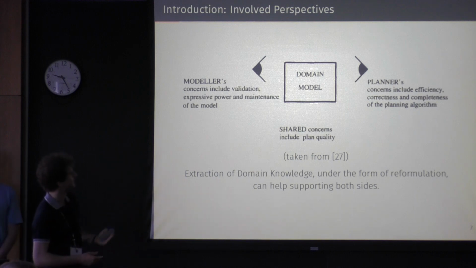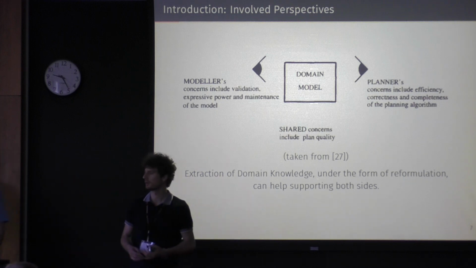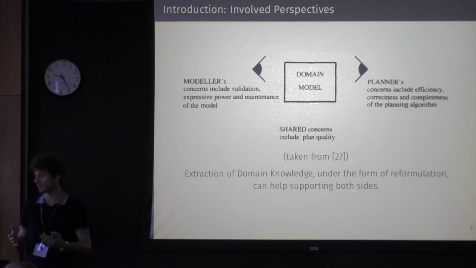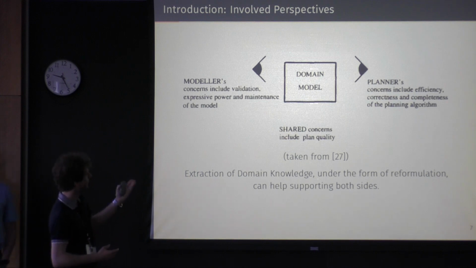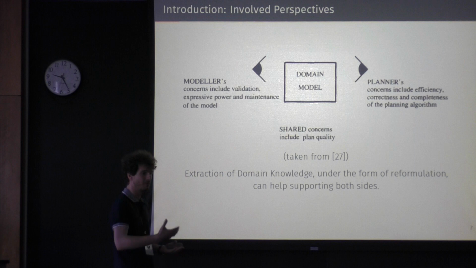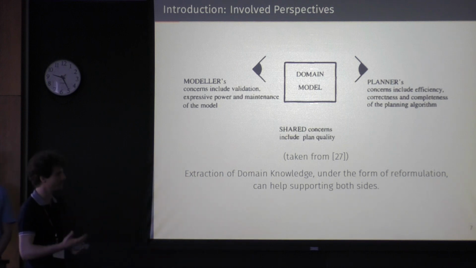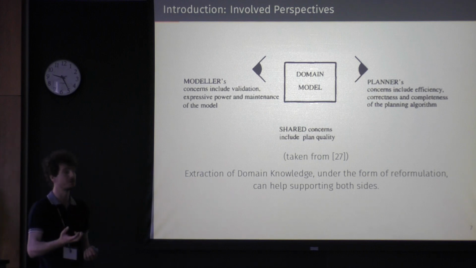On the other hand, you have the planner side, so the reasoner side, which is instead concerned about efficiency, and other aspects like correctness and completeness of the planner's algorithm. So the thing is, while you as a human are more concerned about being able to understand and extend the system, the planner is only concerned about producing something which works and producing something quickly.